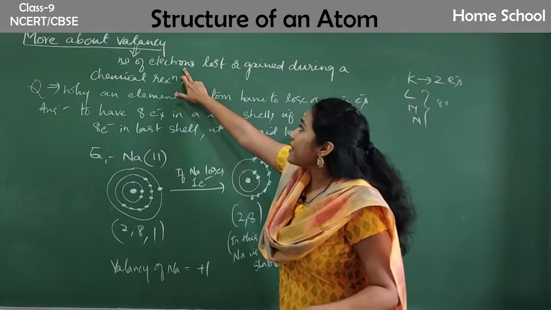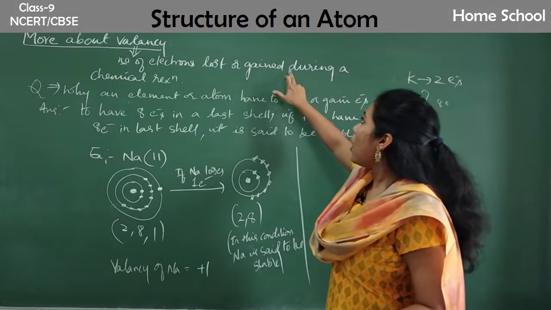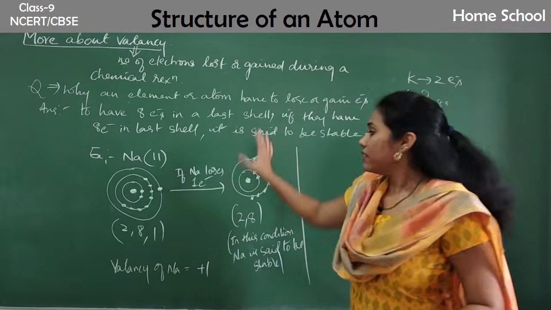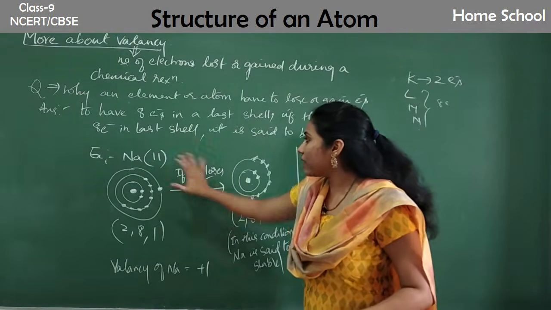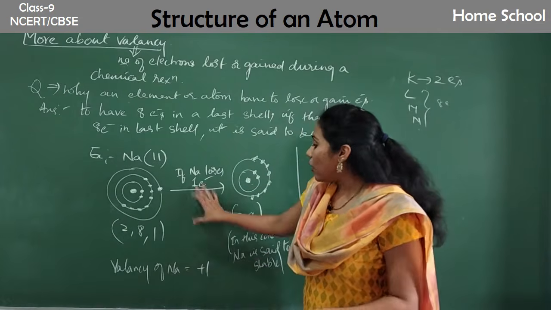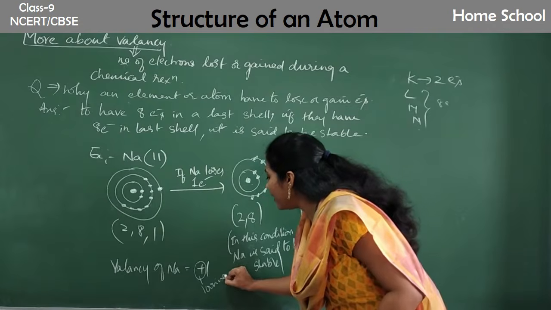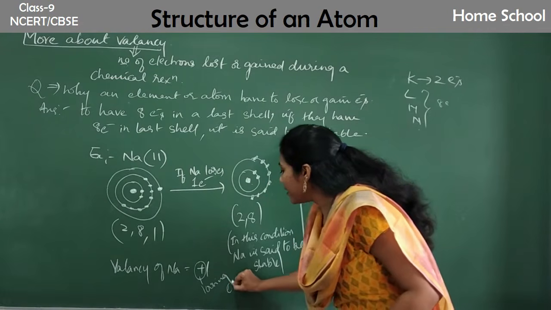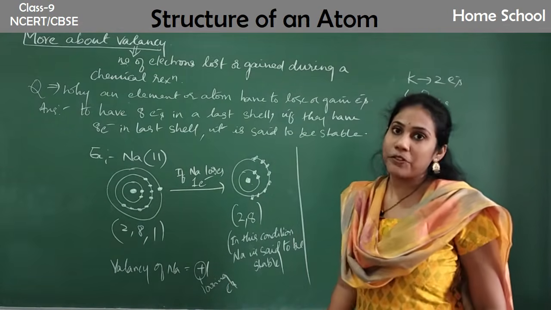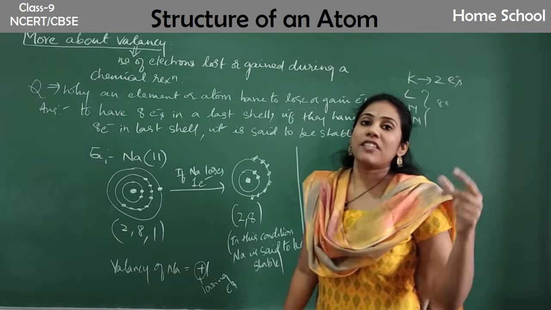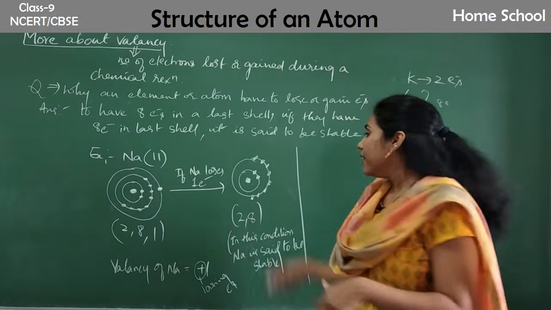Valency means what, guys? Number of electrons lost or number of electrons gained. This element is actually losing electrons. How many? 1. Okay, always plus means what? Losing electrons. So all these I actually discussed in the last chapter. So you can go back to the last chapter's video on valency.